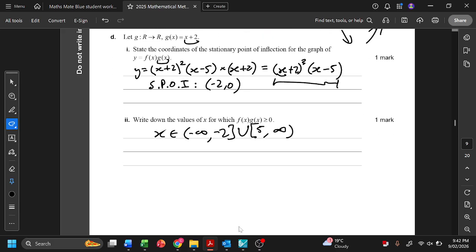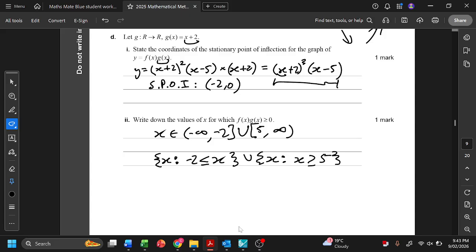All right, so hopefully that little explanation made sense. The notation here is super important. So I've written this one here using interval notation, but just for argument's sake, another equally valid way that you could write this is you could say all of the x's such that x is, for example, less than or equal to -2, and also, or union with, all of the x's where x is greater than or equal to 5.